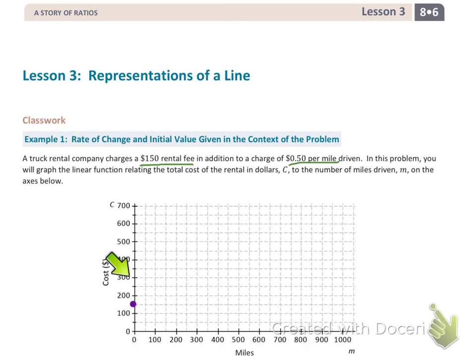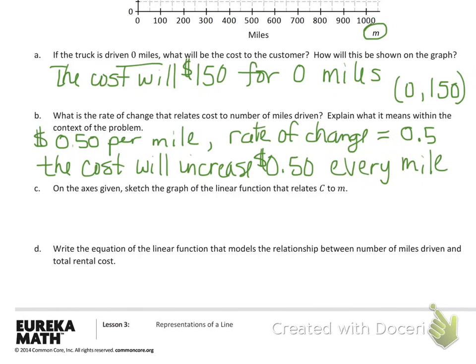Okay, so the point we have is the initial value, just the rental fee for 0 miles. So we could pick a value here in the middle, like around 500 or 600, and then maybe we would pick 1,000 as well, and calculate what the total cost would be, and then we can connect those and draw the line. So let's come back over to this page here.